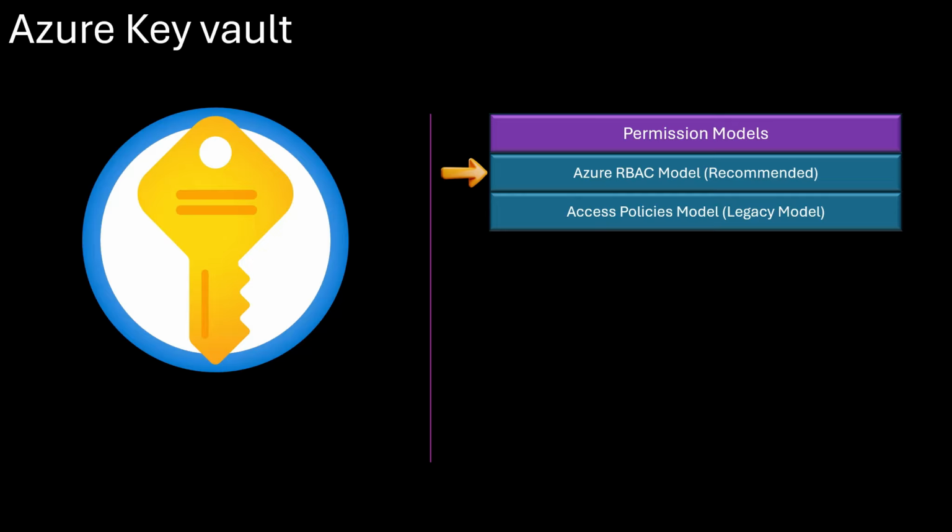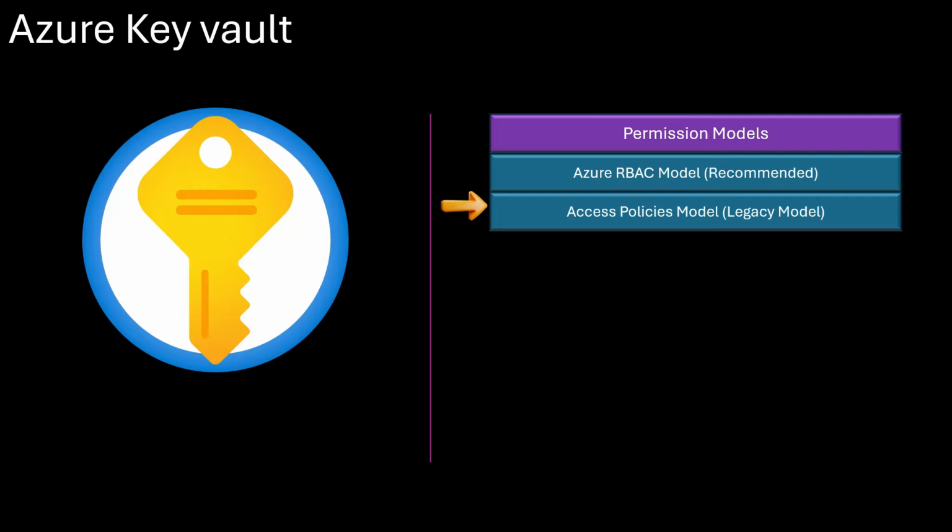This model lets you use Azure RBAC roles to grant granular access based on users, groups, or applications. You can assign predefined roles or create custom roles depending on your needs. Azure RBAC integrates with Microsoft Entra ID, which makes it easier to manage access at scale. The RBAC model is scalable, more secure, and easier to manage across multiple resources.